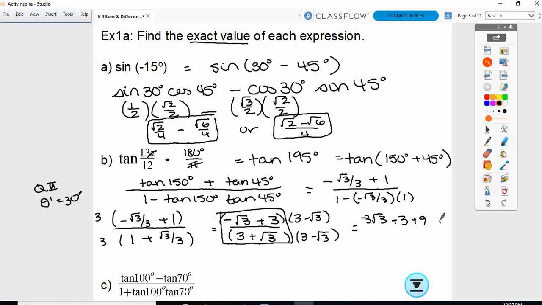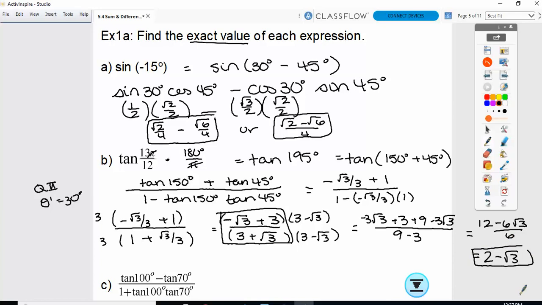Plus 9 minus 3 radical 3. On the bottom we get 9. Outside and inside cancel. Minus 3. So if you add like terms, we have 12 minus 6 radical 3 over 6. And that turns into 2 minus radical 3.